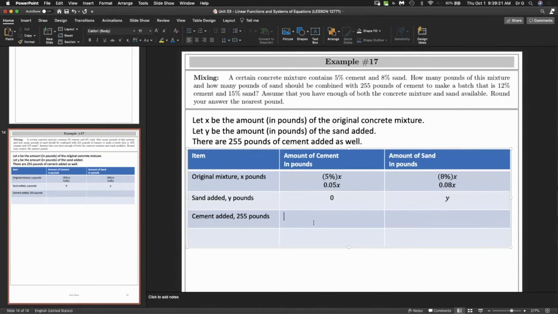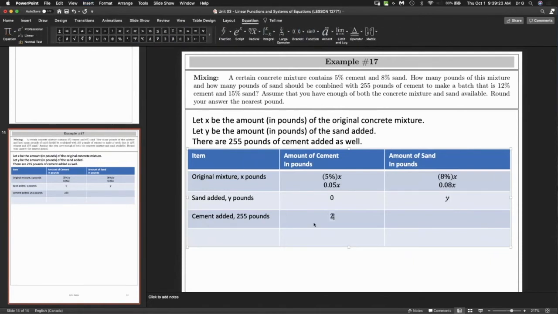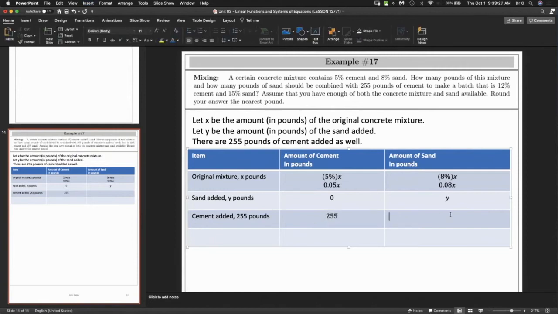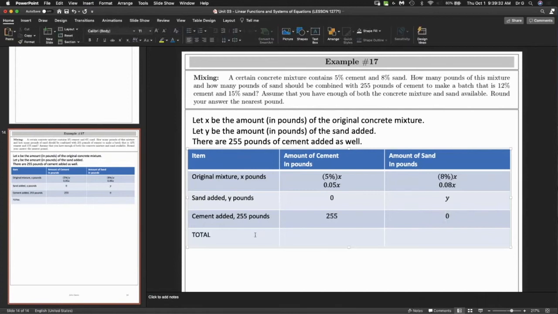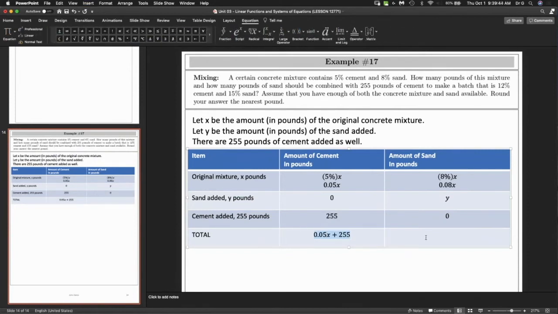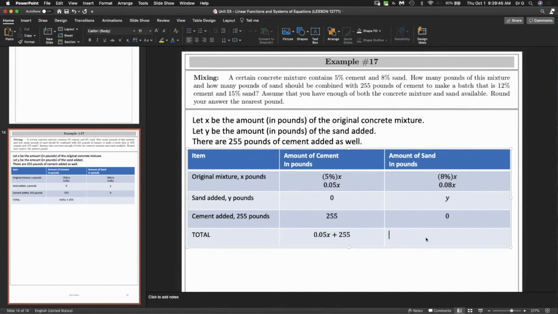Okay, so if you're adding cement, it is 255 pounds of cement, and there's no sand contained in it. Let's make a total here. Total cement is 0.05x plus 255.